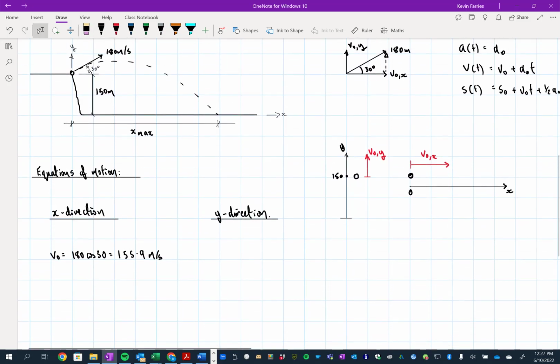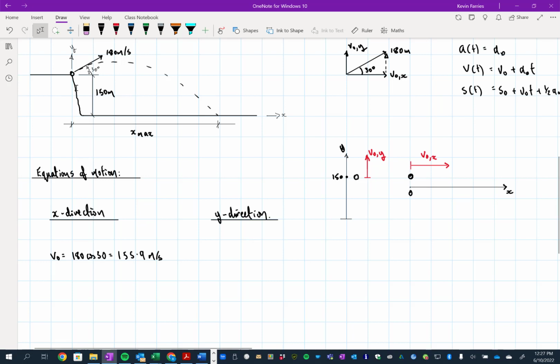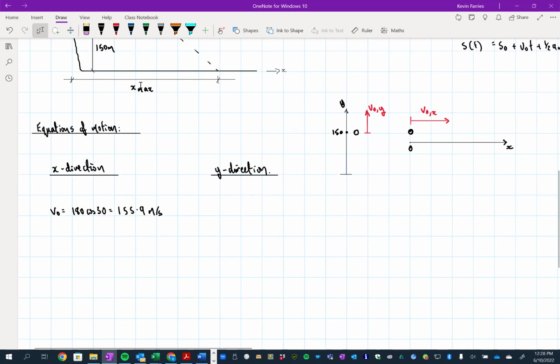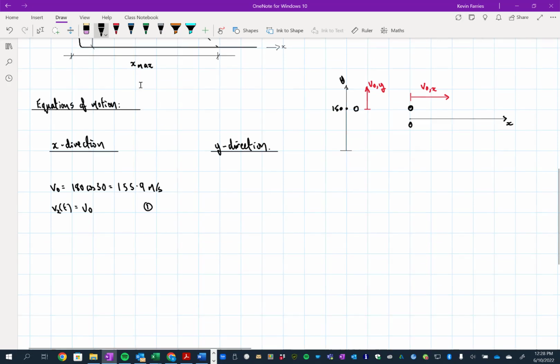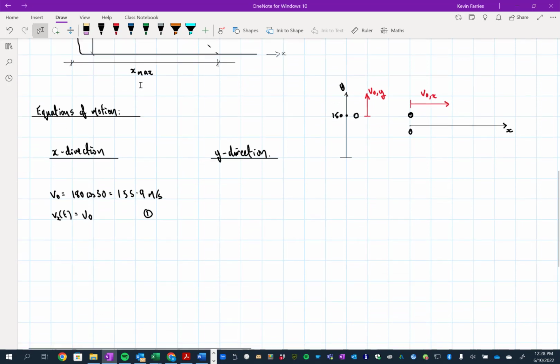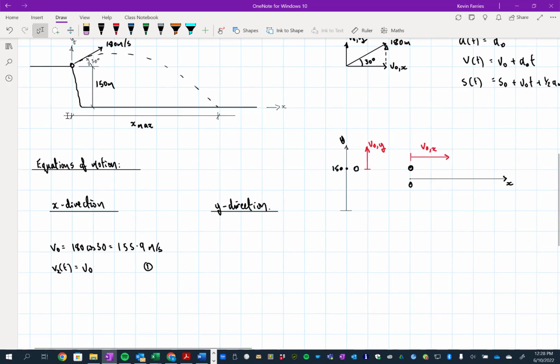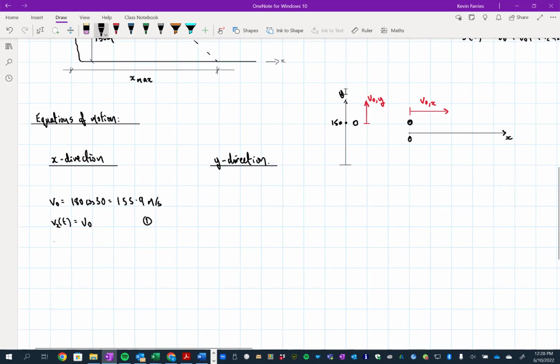That's cool. Oh sorry, I haven't written the equation of motion yet. It's constant velocity, so v in the x direction at time t is just equal to v naught, call that equation 1. Then for the displacement in the x direction, we'll choose the start point as 0, so our s naught is 0. So instead of writing displacement, we'll just write x of t.